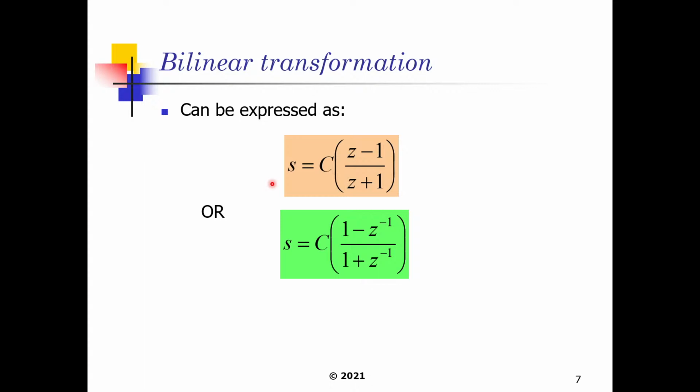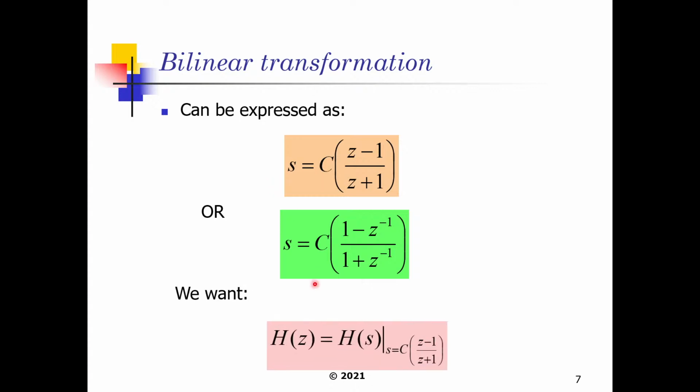If the question asks to transfer it into standard form, you will be required to transfer it into negative powers of Z. So typically, using the filter equation H(S), we substitute S equals C multiplied by (Z minus 1)/(Z plus 1), to transfer this H(S) equation into H(Z) accordingly.